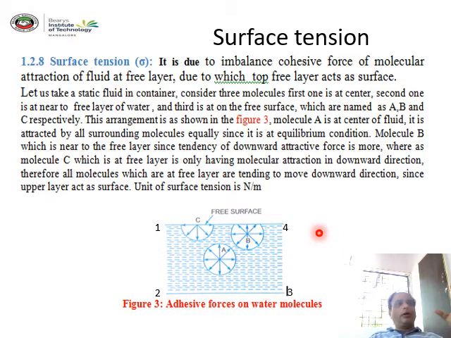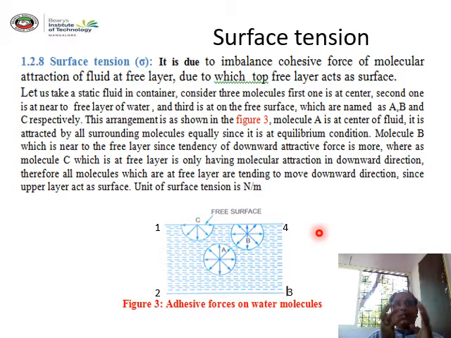Adhesive force is the force of attraction between the surface molecules and the water molecules. It is in the opposite direction, making your free layer stick to the container surface. On the other side, cohesive force is pulling downwards. This creates a tensile force in the free surface. Across the edges, we find a tensile force. So your free surface acts as a solid surface. This is what surface tension is all about.